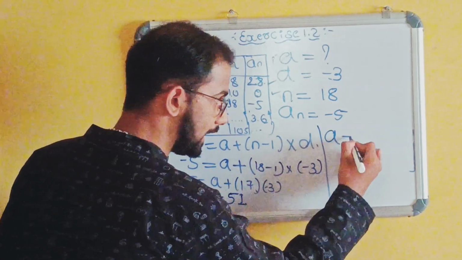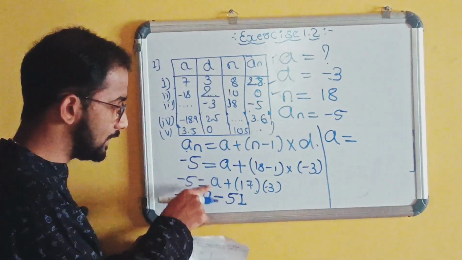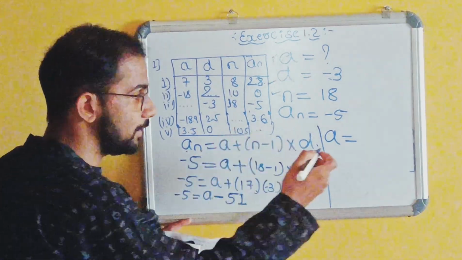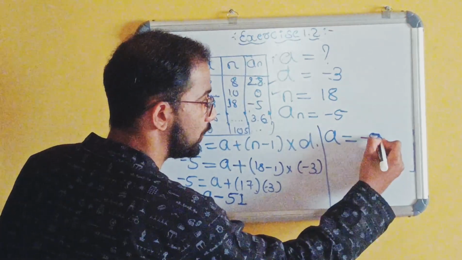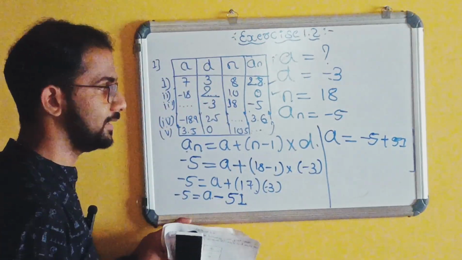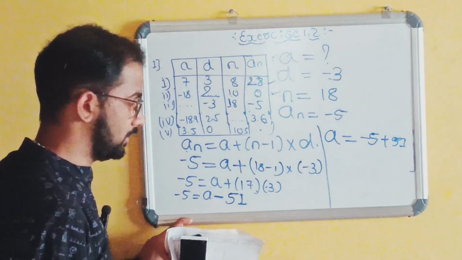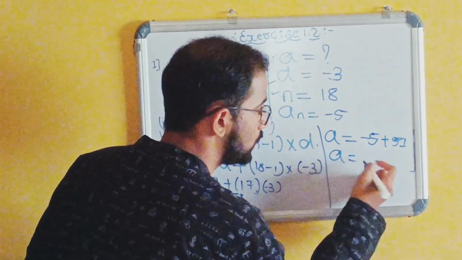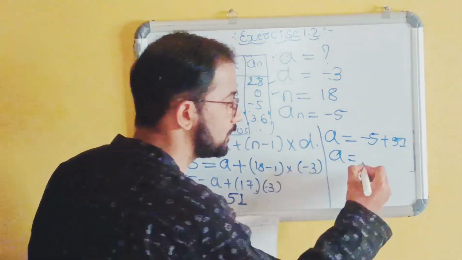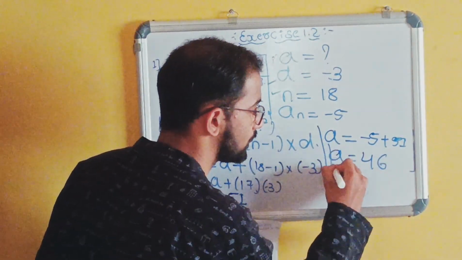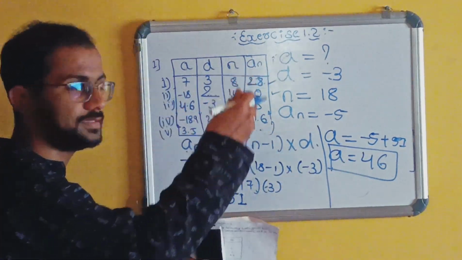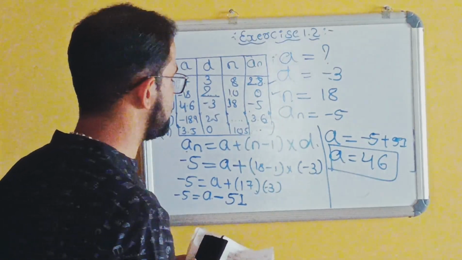We need to calculate A, so keep A as it is on one side. This minus 51, if you shift it to the other side, will become minus 5 plus 51, isn't it? Now A equals 51 minus 5. What is 51 minus 5? That is 46. This is the first term. This is how we need to calculate.